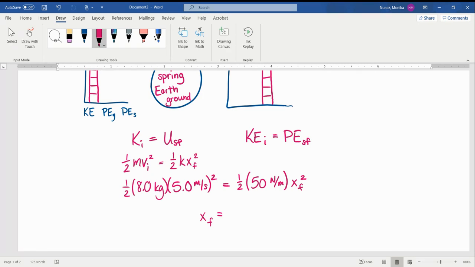Okay, so plugging those numbers into a calculator, I end up getting that x final is 2 meters. So that spring compresses 2 meters in bringing my object to rest.